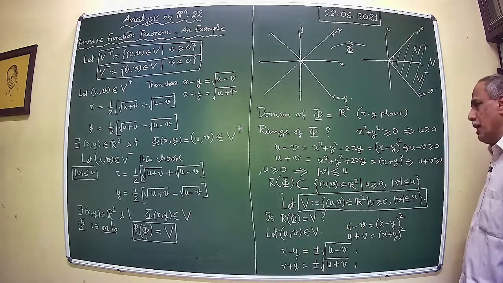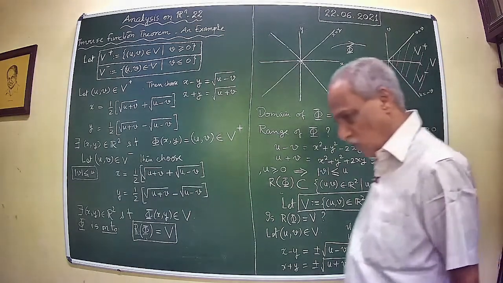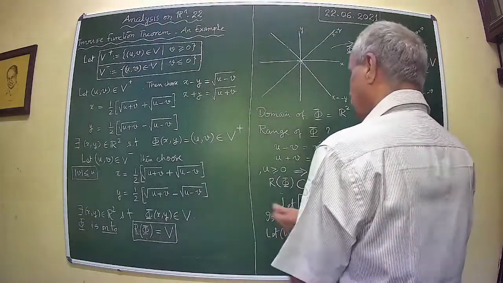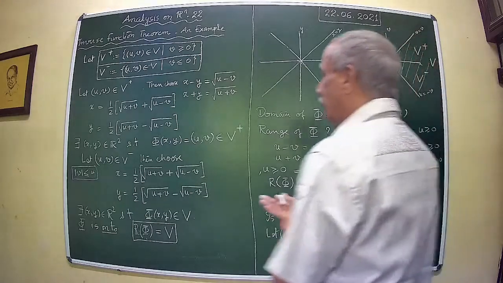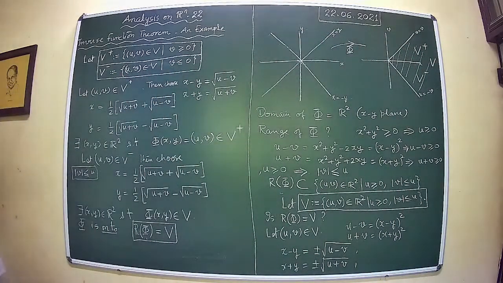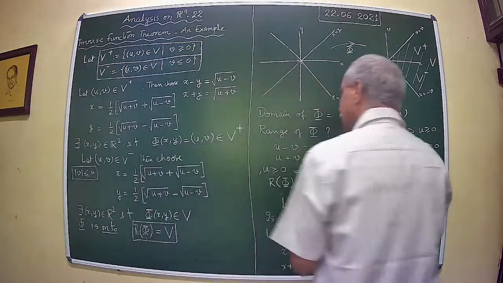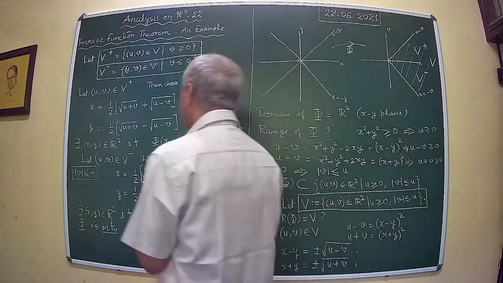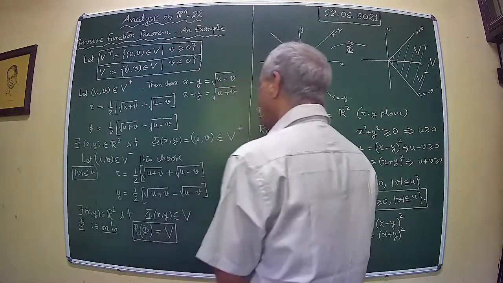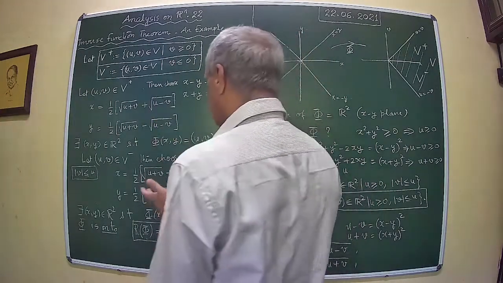Now we also make certain observations. Okay, what about these numbers? Let us work it out. You see that if (u, v) belongs to V plus, what can you say about x?